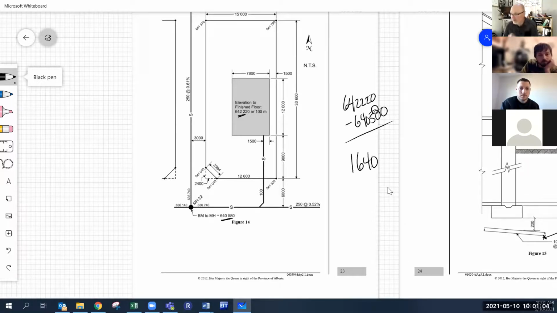So what we do is we take the difference, and I could just say it is 1640. That's the difference in elevation, 1.64 meters or 1,640 mils. That's it.